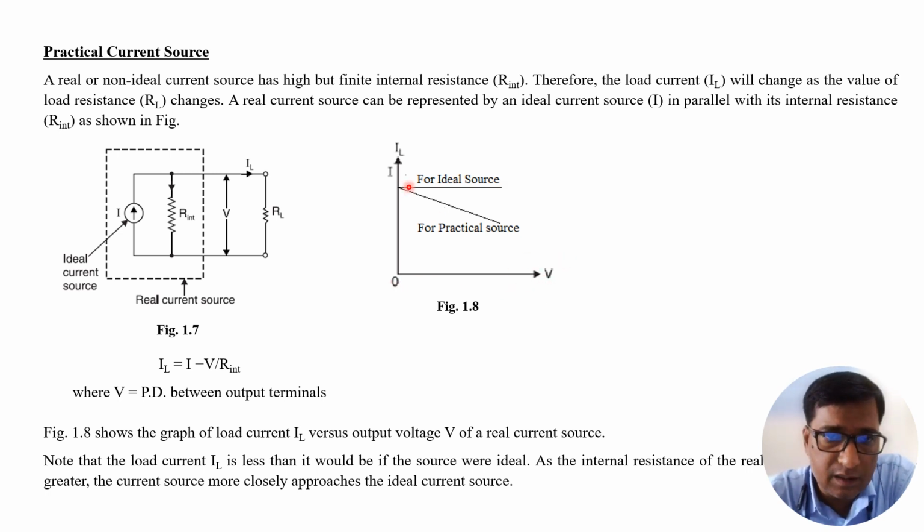But in case of a practical current source, the terminal voltage of the load changes, and there is a decrement in the load current supplied from the source. Note that the load current IL is less than it would be if the current source were ideal. As the internal resistance of the real or practical current source becomes greater and approaches infinity, the practical current source becomes an ideal one.